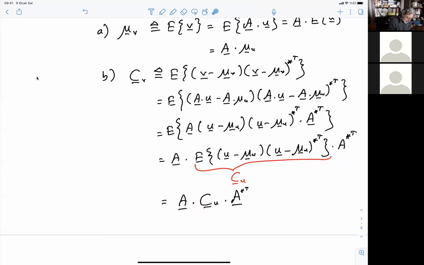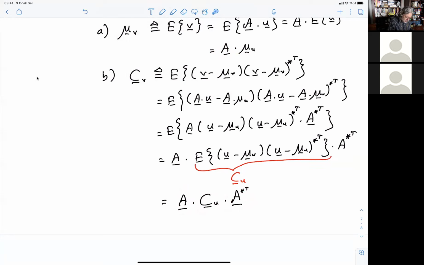It's not as simple as transforming the mean with the same transformation. It's a little bit more complicated. It's not only transformed from the left, but also transformed from the right-hand side.